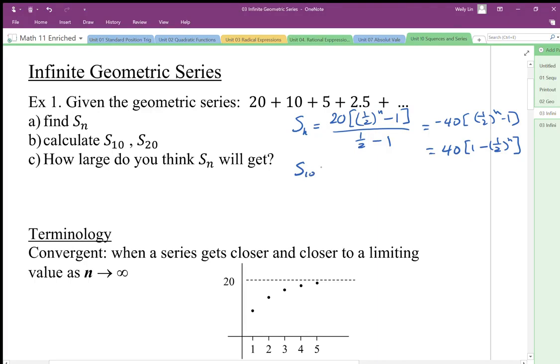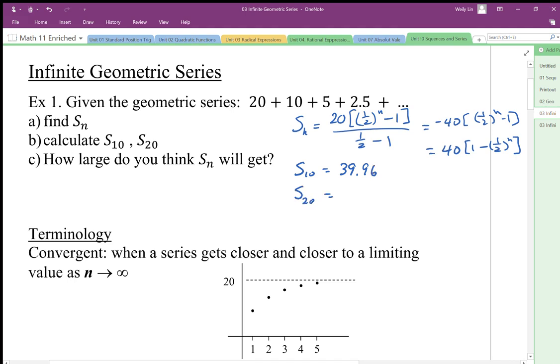So S10 is equal to 40 times 1 minus 1 divided by 2 to the power 10. And I end up with 39.96.